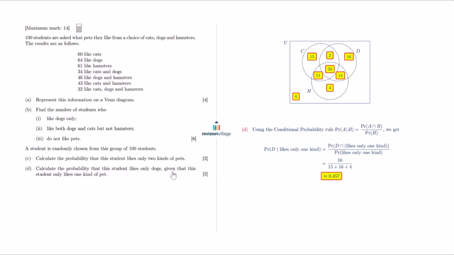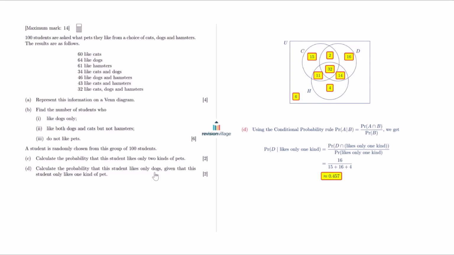However, if you draw a good diagram, in this case a Venn diagram from part A, or in tree diagram questions as well, you can actually solve these questions without using the conditional probability formula. You can do it just by looking at the diagram and shading the regions. So I'm going to talk about that strategy first, and then after that I'll talk through the conditional probability formula.